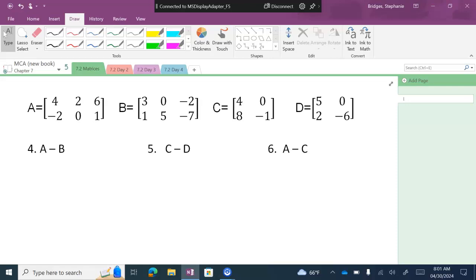And this time we're just subtracting the numbers instead of adding them. If you're not comfortable with your integer addition and subtraction, you can always use a calculator, just doing each number individually.